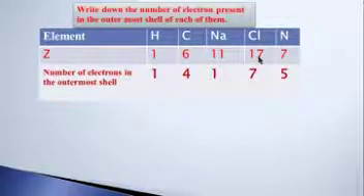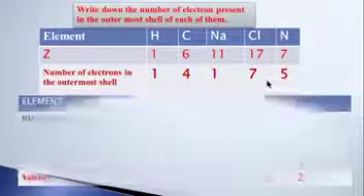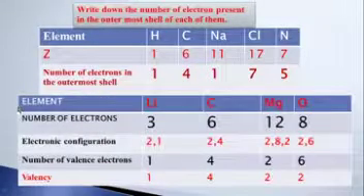Atomic number is 17. In outermost shell of chlorine there are 7 electrons. Next the nitrogen, its symbol is N. Here atomic number is 7. Number of electrons present in outermost shell are 5.